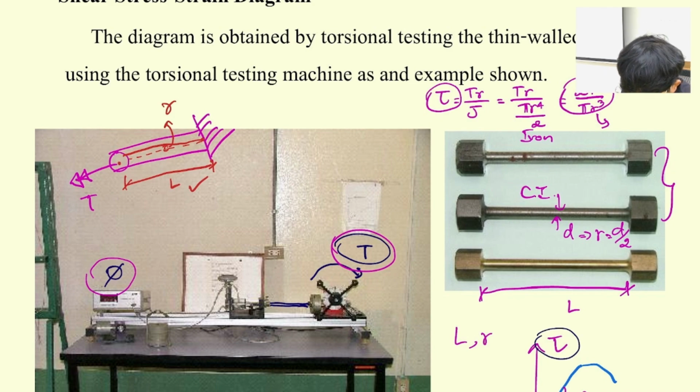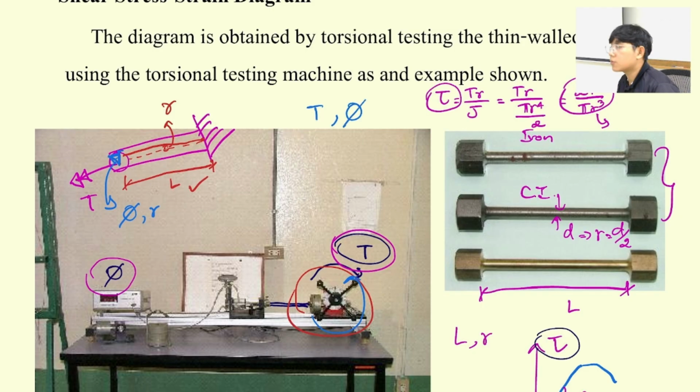And then when you rotate the shaft over here, you can see that there will be some parameters that can be measured, which is the angle over here. And then we know that the distance from here to the surface of the material is r. So when you try to move this, there will be some T occurring and this one occurring.